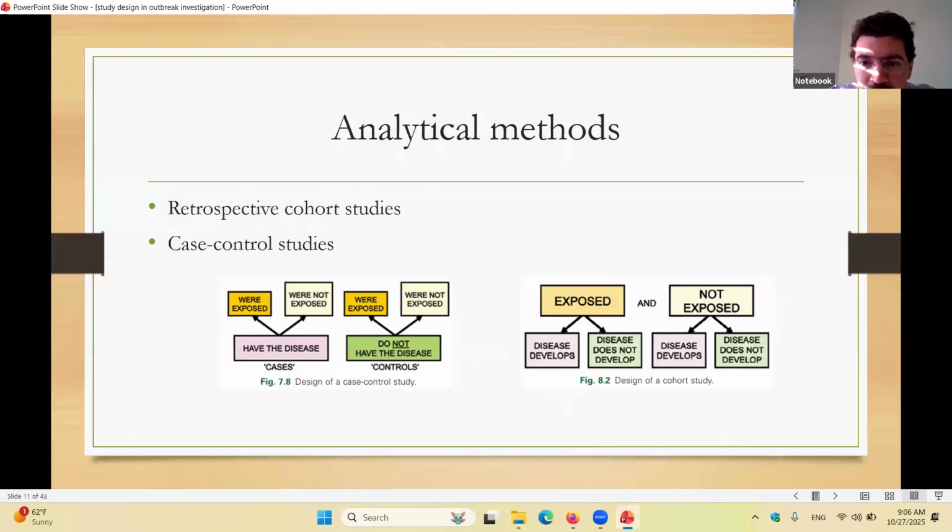Therefore, we have two groups, exposed and not exposed, and we follow up the individuals to investigate whether the disease develops or does not develop in each group. This is the difference between cohort and case control studies.